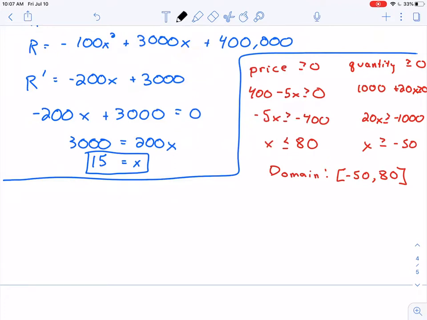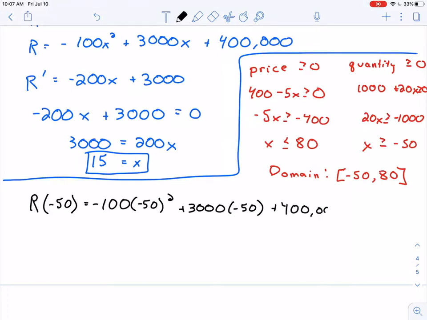So my revenue function is R, and we'll start with negative 50 first. This is negative 100 times negative 50 squared plus 3,000 times negative 50 plus 400,000. In this case, I'm going to end up with a revenue of 0.